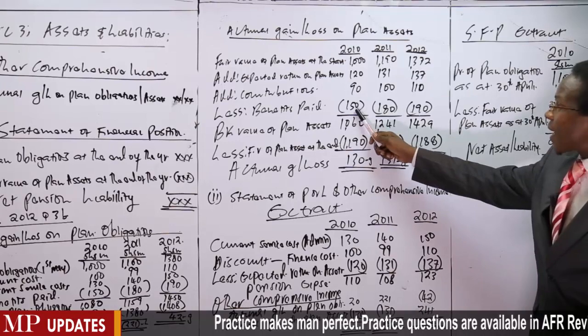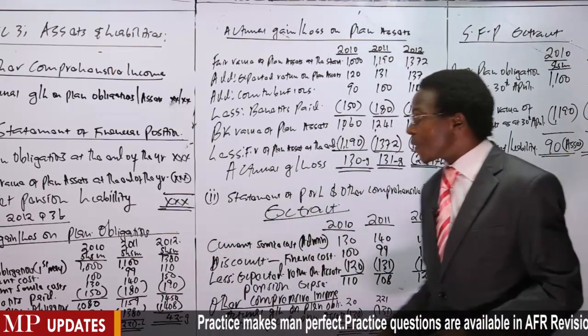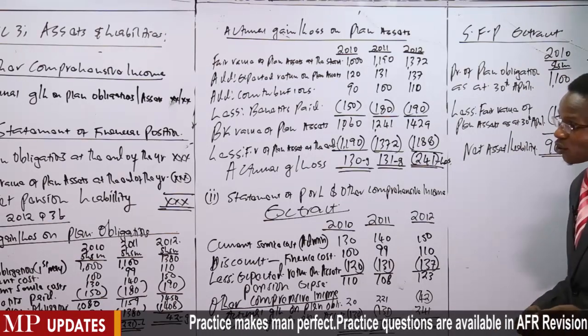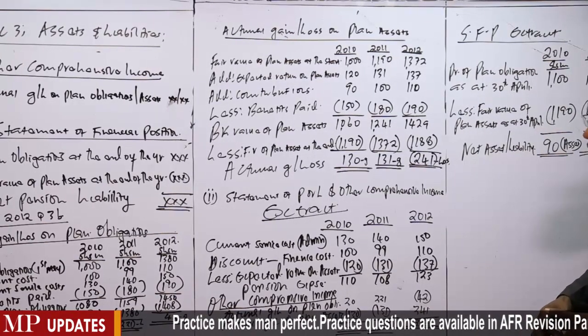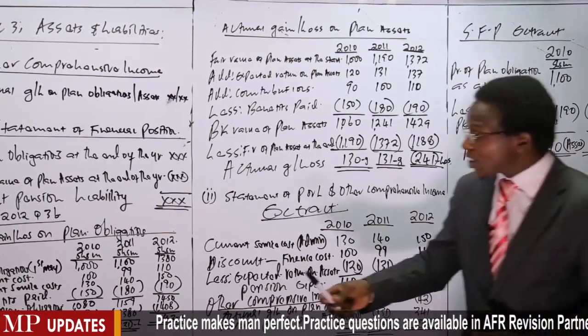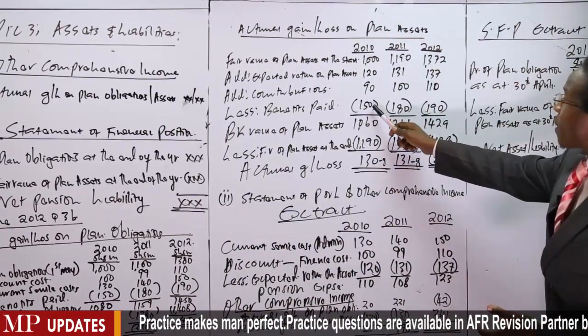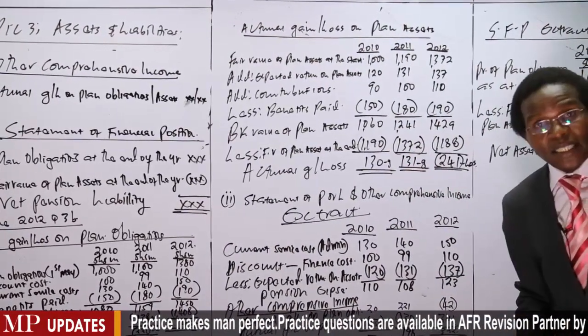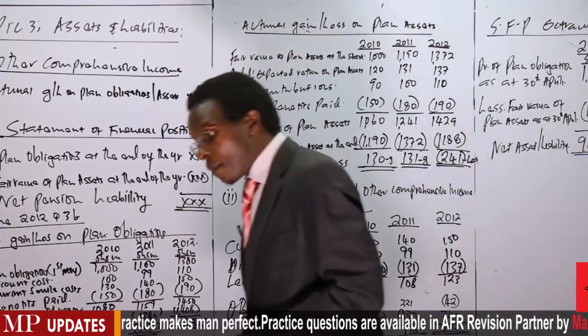So this is a credit entry, while that is a debit entry. That's simply why we seem to be subtracting twice. It's just because of the format we are using. In our obligations, it's a debit entry, while in our plan assets, the benefits paid are credit entries. Very important to remember that.